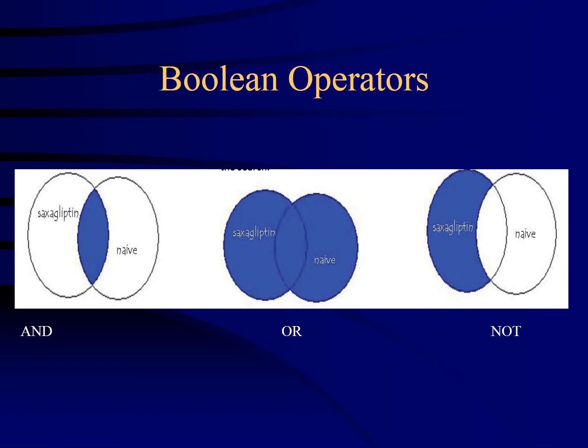Medline is looking for articles that contain both search terms, saxagliptin and naive. The middle diagram is showing us the OR Boolean logic operator. Medline is searching for articles that contain saxagliptin or naive. And the last one on the far right is showing us articles returned with saxagliptin and not naive.